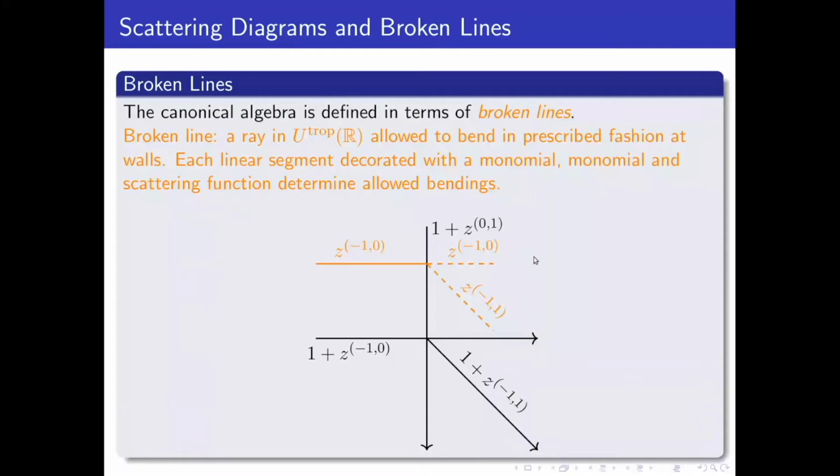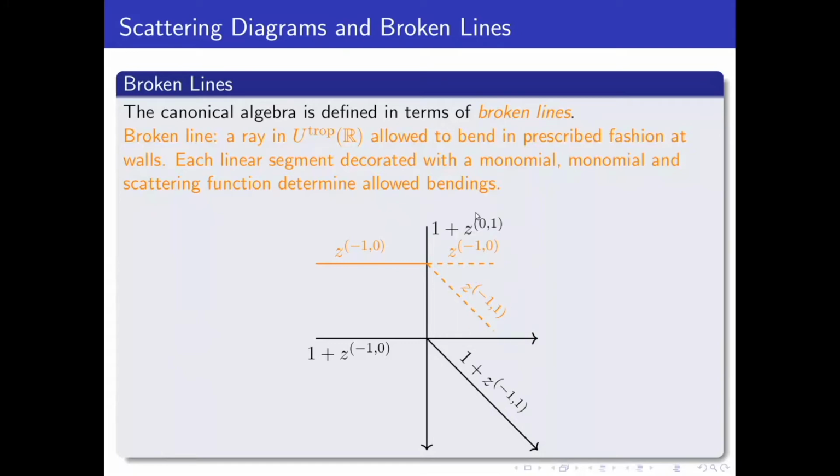Now, it's usually slightly more complicated than this, but if you just multiply z to the -1, 0 by 1 plus z to the 0, 1, well, these two terms are the monomial summands of the result. So we have z to the -1, 0 times 1 is z to the -1, 0. Z to the -1, 0 times z to the 0, 1 is z to the -1, 1.